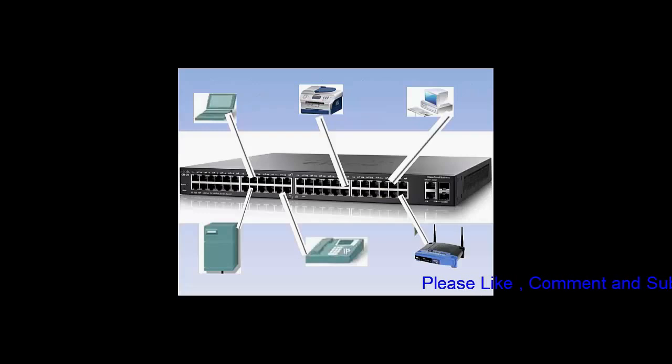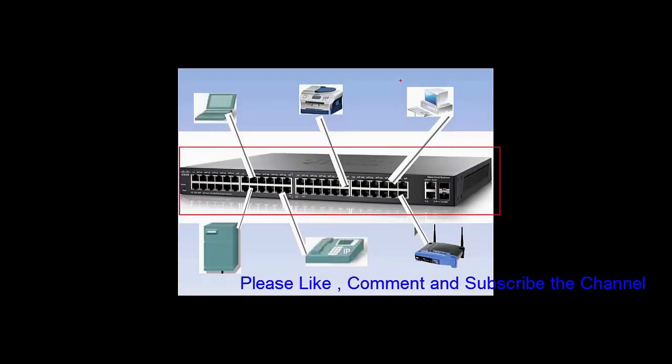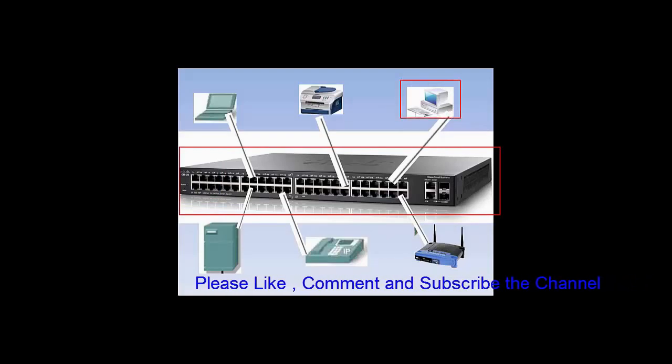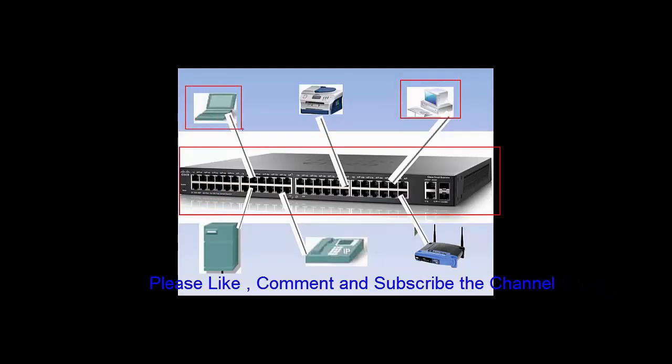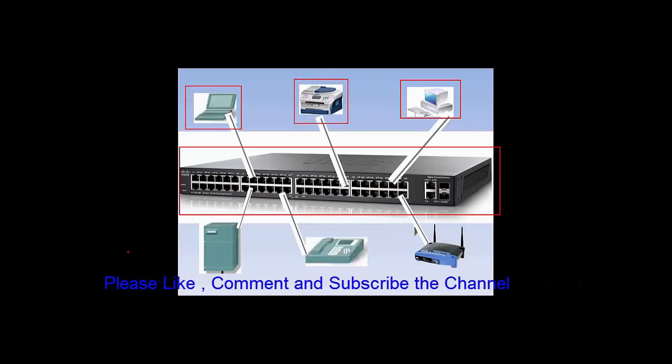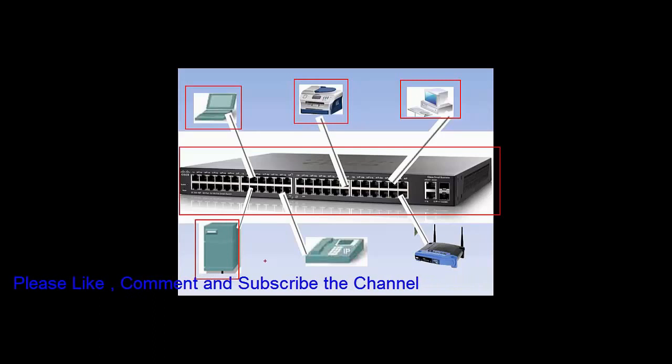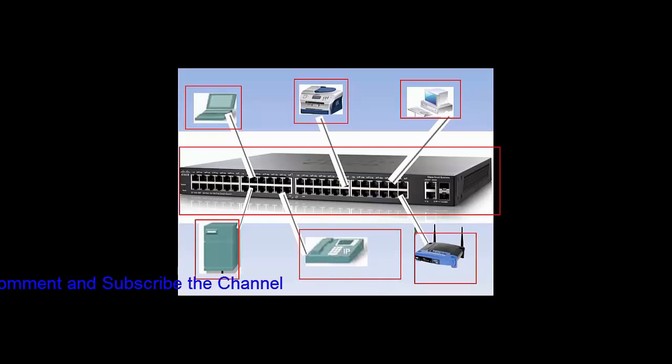You can see here in the picture, this is my main Cisco switch that is connecting different devices that can be normal computers, laptops, printer, server, VoIP phone and many other devices so that they are able to communicate to each other.